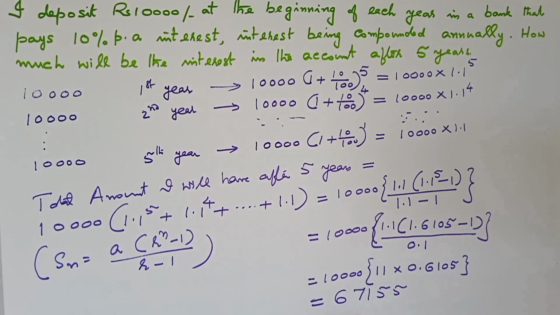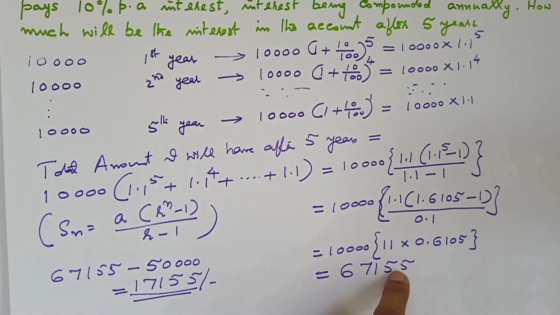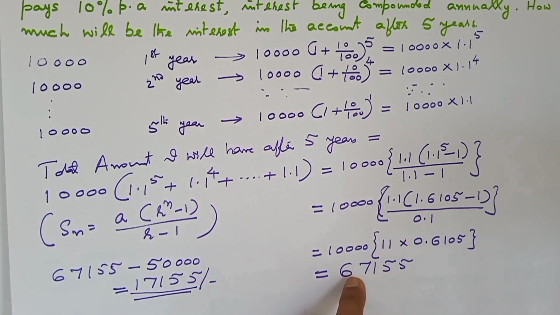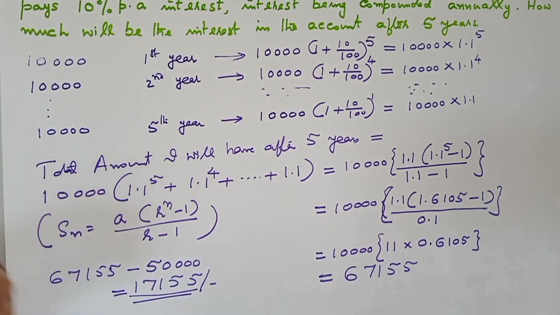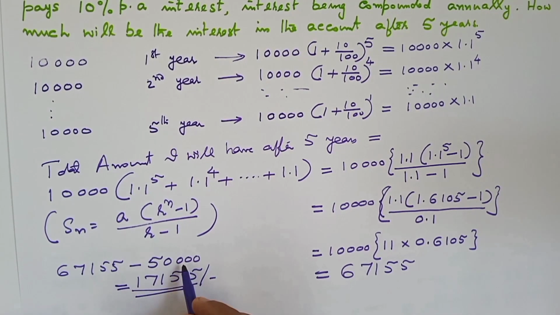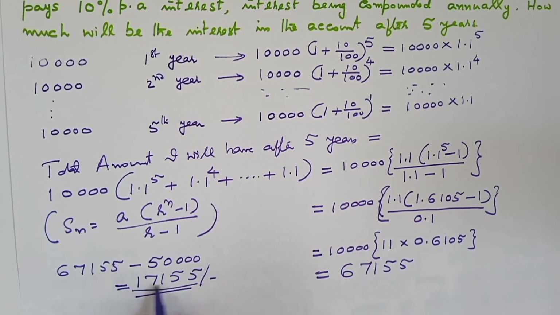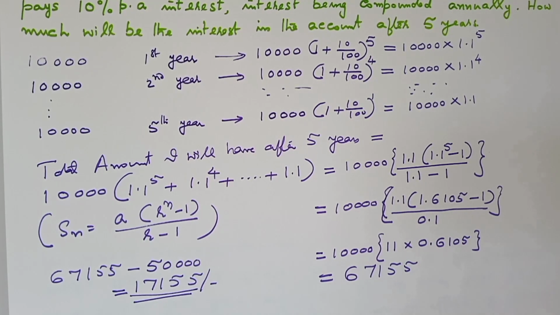So this is the total amount I will receive from the bank, but that includes interest as well as the amount I had deposited. So you need to deduct the amount I had deposited to get the interest portion. So totally how much money had I deposited? 10,000 5 times, so 50,000. You deduct that from the total amount you received, which will give you 17,155. So 17,155 is the final interest amount I received from the bank.